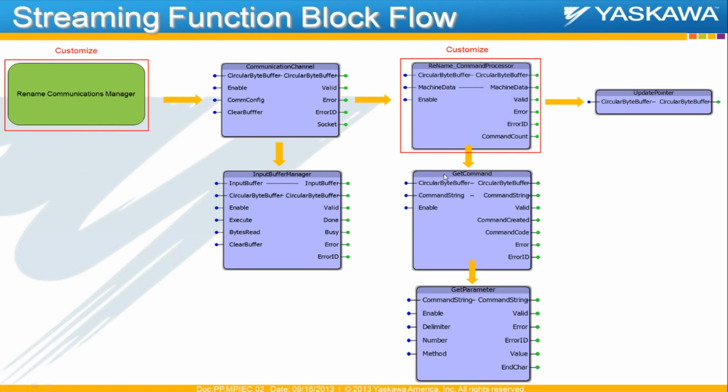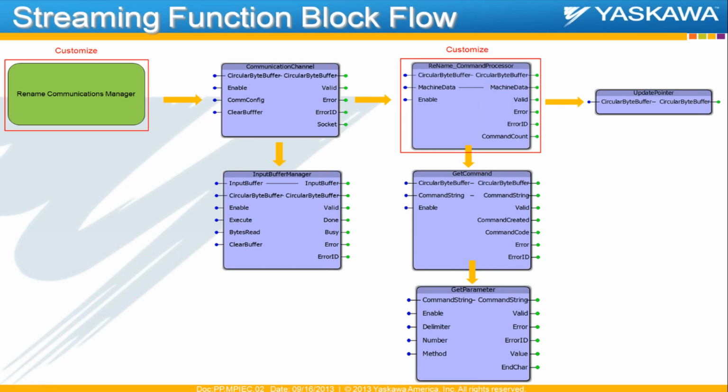There's a communications manager, and there's minimal customization there other than the data type definition, because this POU does contain the command processor. Mostly the case statement here is where the major customization takes place. Everything else can remain in the toolbox, leave the code as is, and it should work fine.